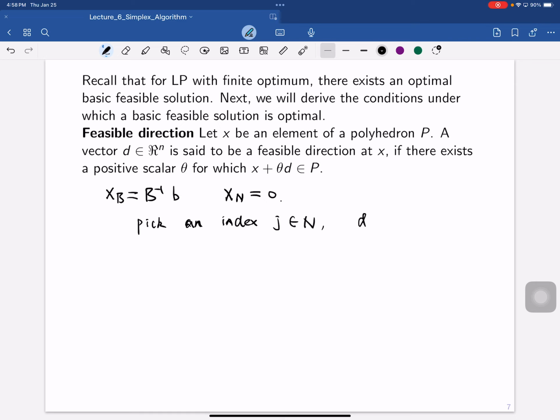And then let's set d_j equal to 1, and set d_i, so let's use a different index, and all the others still remain at 0, for all i that is in the non-basic variables and i that is not j.